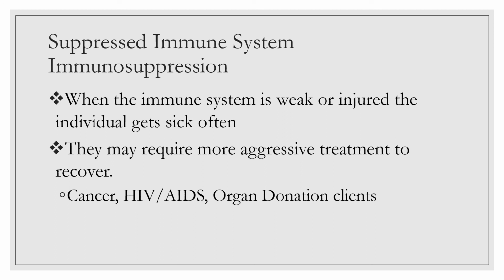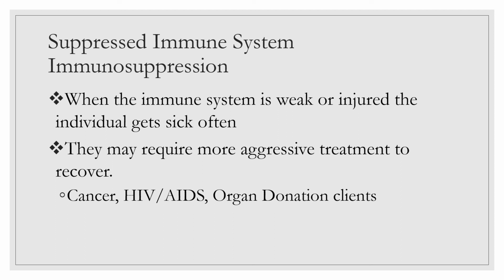Cancers, the disease itself, can cause immunosuppression, but also the treatment, radiation and chemotherapy, is immunosuppressive. It not only affects the cancer when we give cancer treatment, but it also affects all of our cells. So the person becomes immunosuppressed.